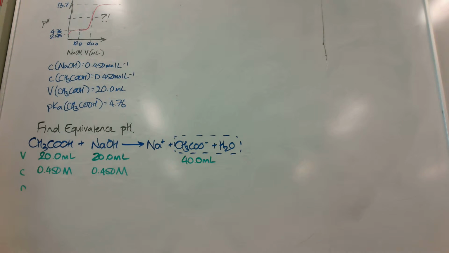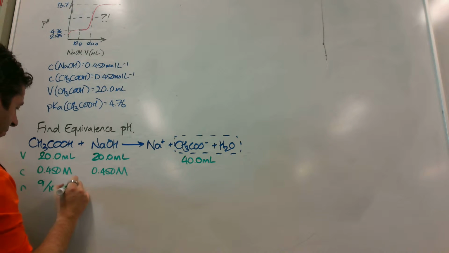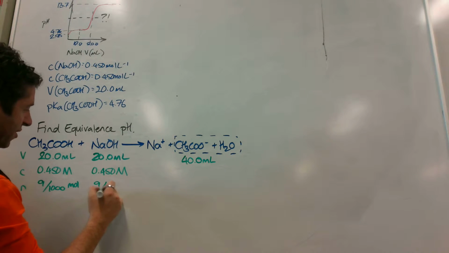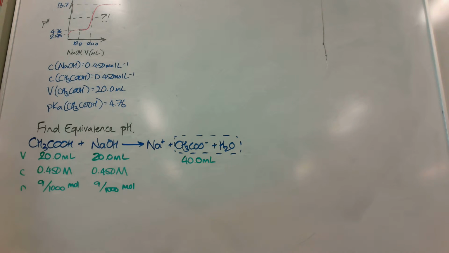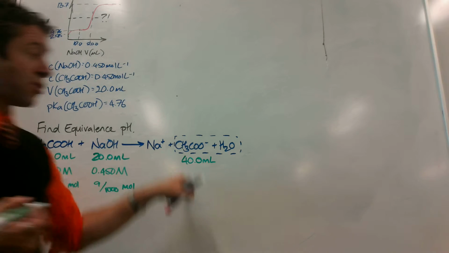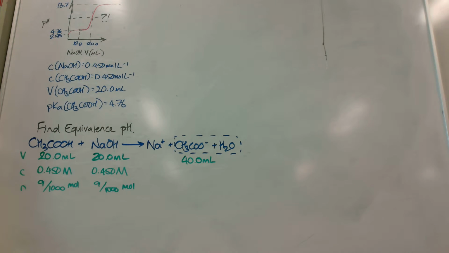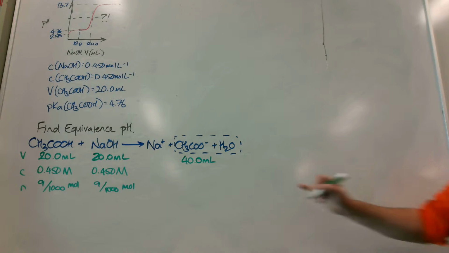And we found that it was 9 thousandths was our number of moles, okay? So it was, and because everything's in a 1-to-1 ratio, that's going to be true for all of them. So it's going to be true for our ethanoate ion as well, because I can't create something from nothing. Okay, it's just a chemical reaction. It's not fusion or fission or anything like that.